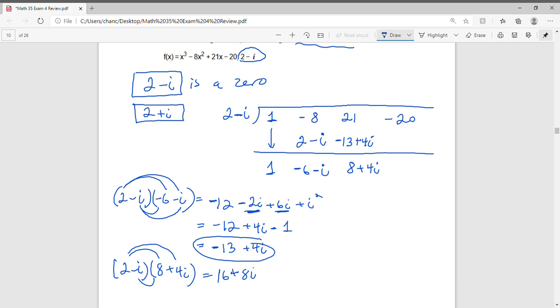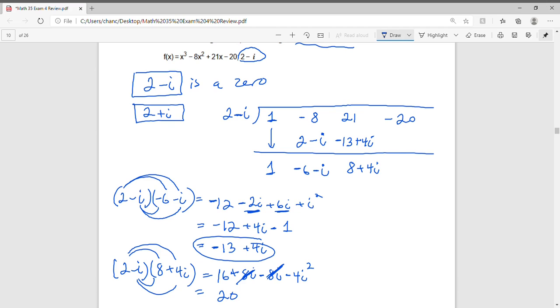Negative 8 times i is negative 8i. And negative i times 4i is negative 4i squared. We can simplify. The 8i cancels out with the negative 8i. Negative 4i squared is positive 4 because i squared is equal to negative 1. So this gives us a 20.